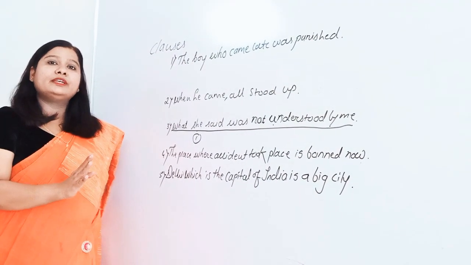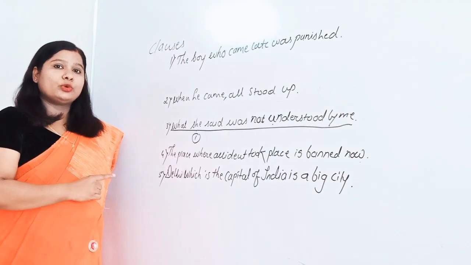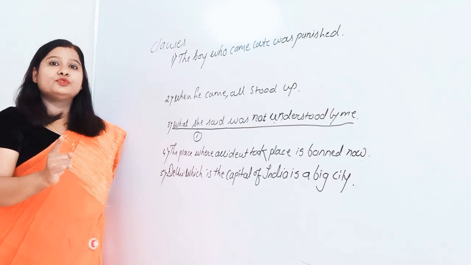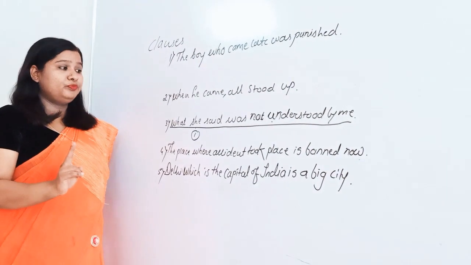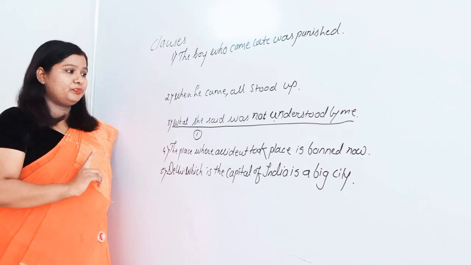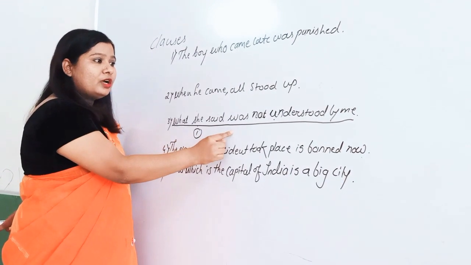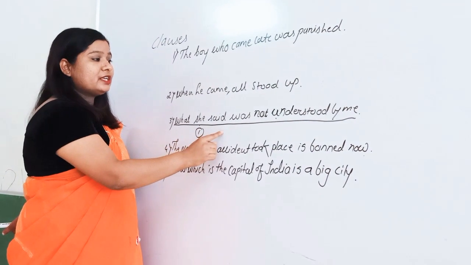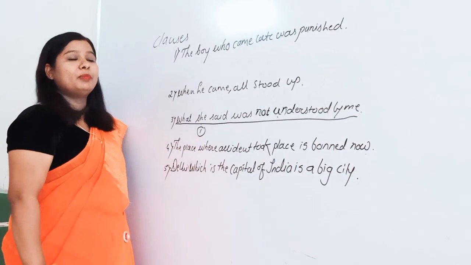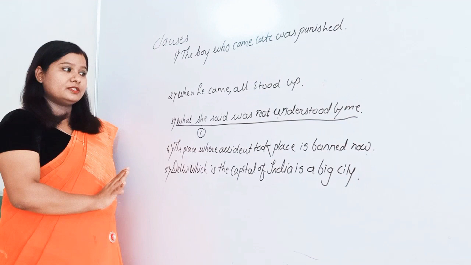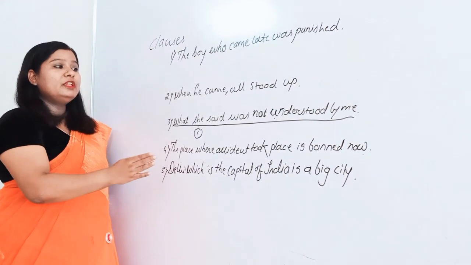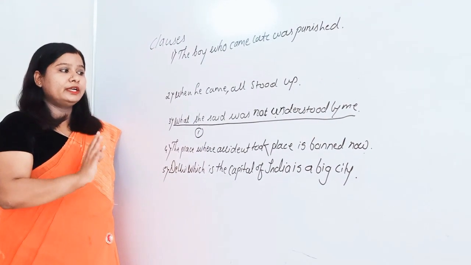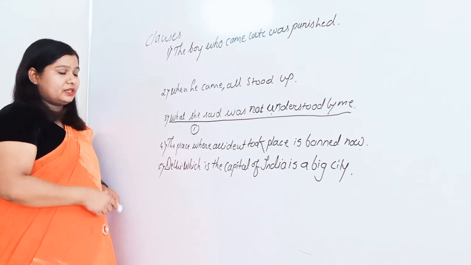So if you don't find the second subject, in that situation you have to move towards the second verb, not the first, second verb. Now see, was is the first verb. What she said was not understood by me. This is our sentence.